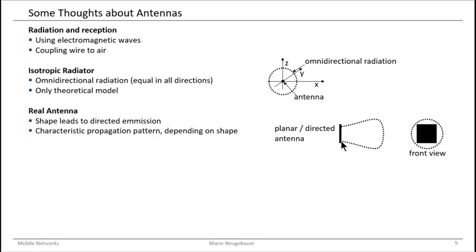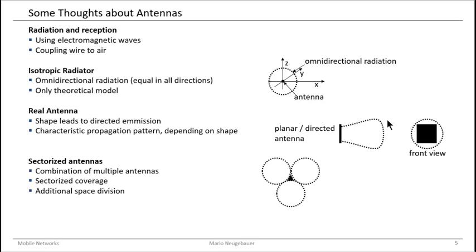And if you use this plane for the emission of electromagnetic waves, then it forms a coil like this one here, so that it's emitted in a certain direction with a certain power distribution in the air. And then the model in this case would be that inside this coil you have a certain power level which you can receive, and outside you cannot receive anymore, and you're not able to communicate to this antenna.